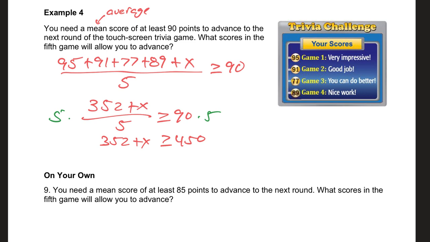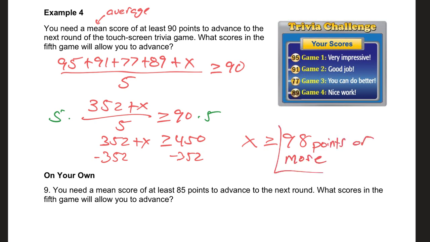So 450 minus 352 means x has to be greater than or equal to 98. So you should have 98 points or more. 98 points or more is what you need to advance.